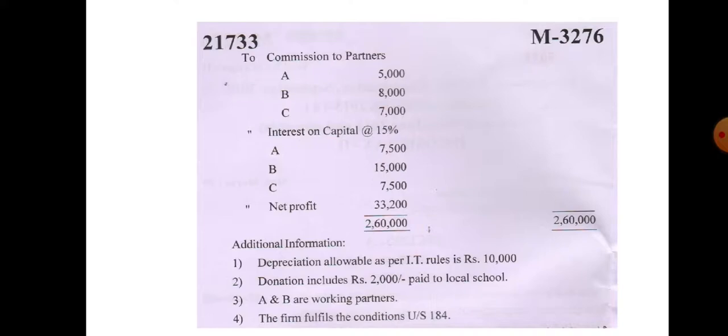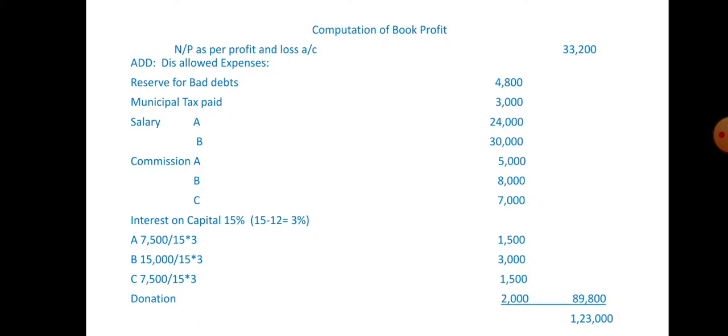Next is interest on capital, which is given at 15%. The rule says that if any interest is given to the partners on their capital, up to 12% you have to treat it as an allowable business expenditure. If it is more than 12%, that excess is to be disallowed here. So here the excess is how much? You take 15 minus 12, the excess is 3%. That 3% is to be disallowed. So here you go for the problem.